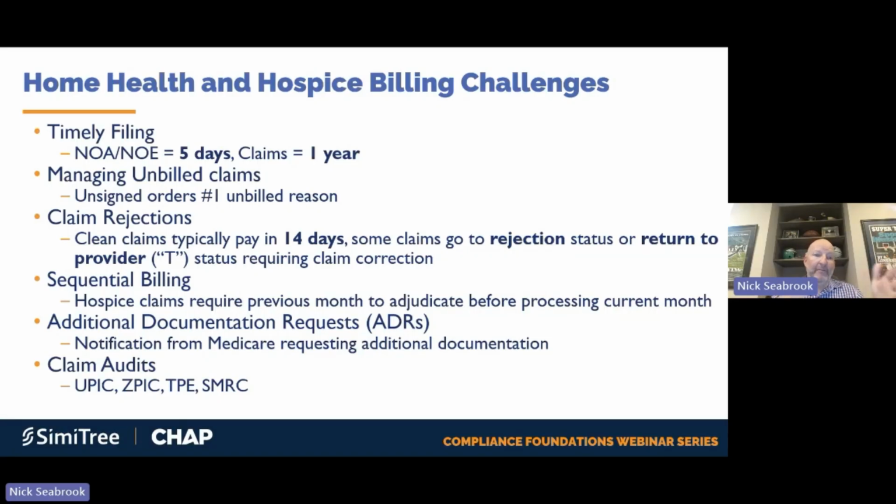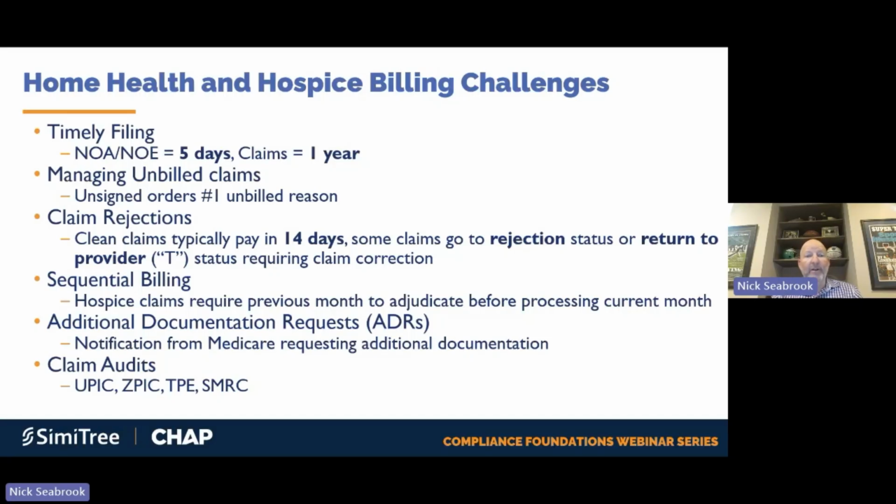Sequential billing, we talked about before. We really need that previous month to adjudicate before that current month can process. So staying on top of that whole sequential billing piece becomes imperative, and making sure that from a hospice follow-up standpoint that you are working those claims in order to make sure that they are processing correctly.